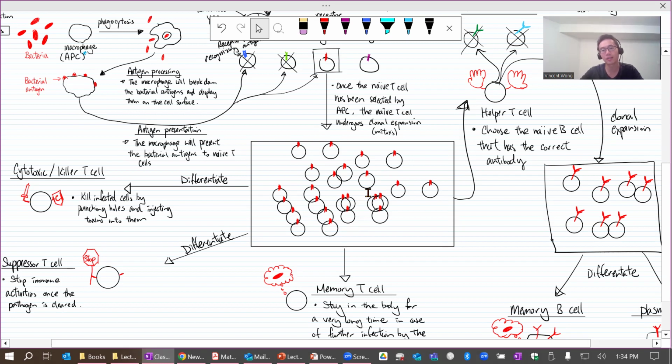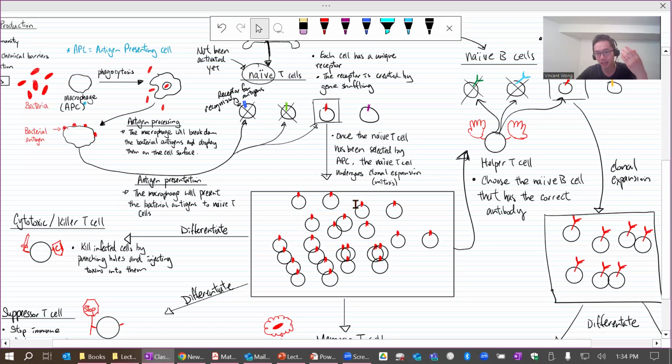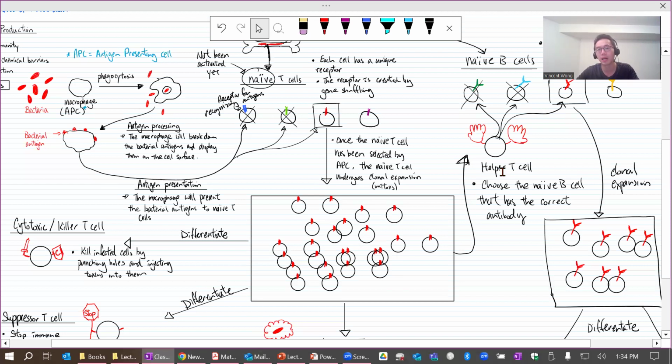It's really hard to put them in chronological order because a lot of these things actually happen simultaneously. At the same time that it is becoming the cytotoxic T cells, some of it is already becoming the helper T cell, and then almost immediately they're gonna have to choose the naive B cell. Because time is of the essence, right? You gotta make those antibodies as quickly as possible.